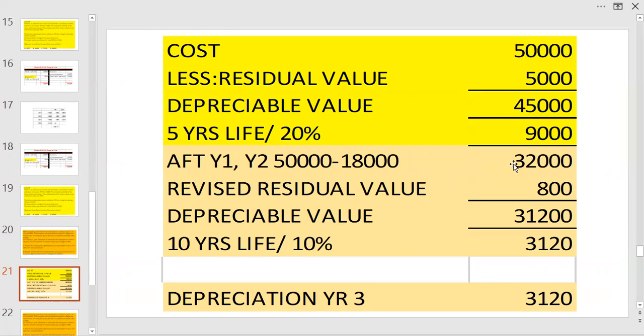When you deduct it from 50,000, the written down value is 32,000. Revised residual value is 800. Therefore, depreciable value is 31,200. Since the lifetime is assumed to be 10 years, it will be 10% per year. So the answer is 3,120.